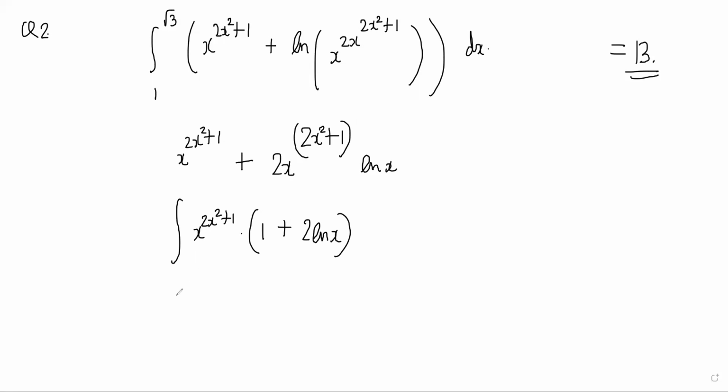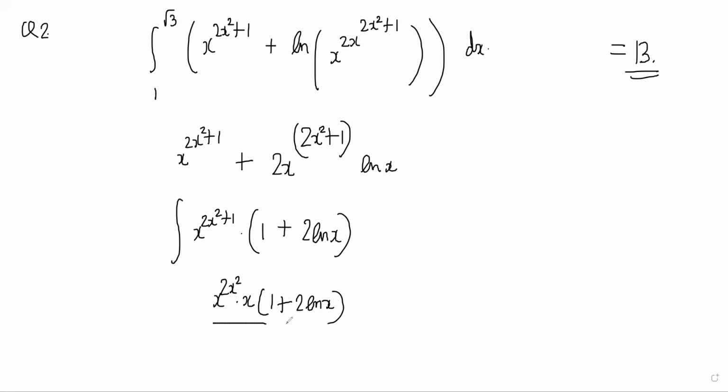Then x to the power 2x squared into x. So you substitute x squared as t, and then it'll become t power t into 1 plus ln t dt.